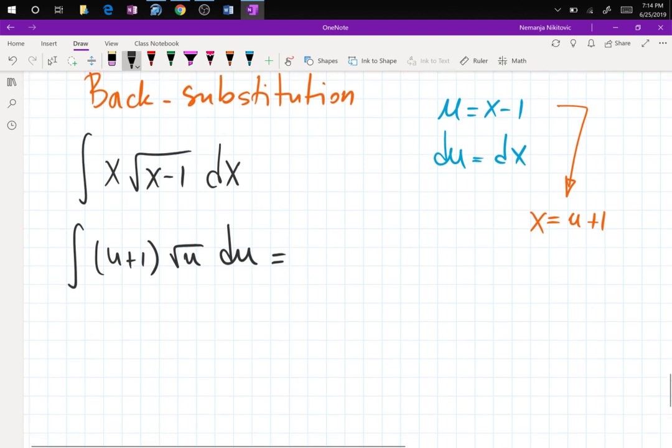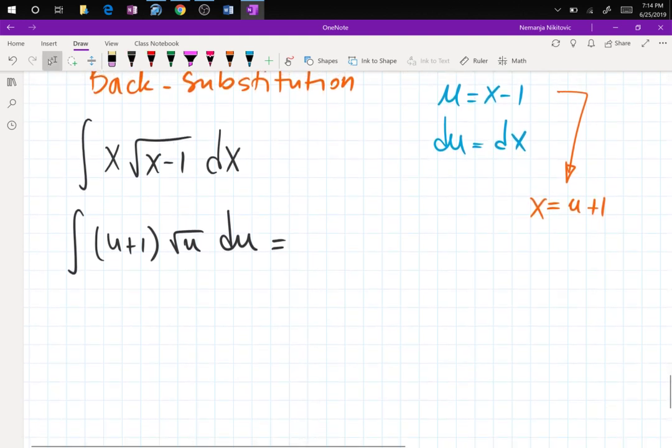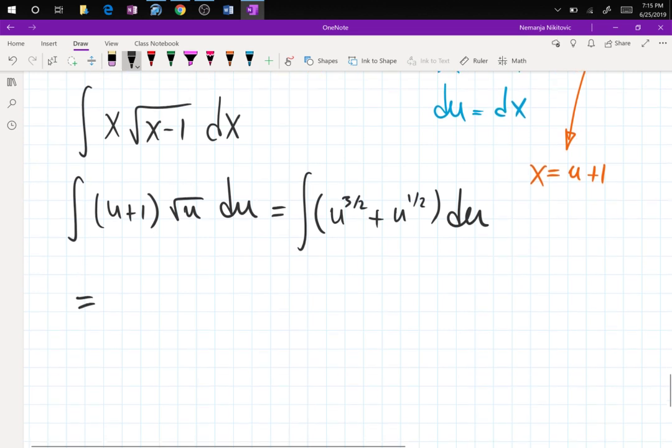And now at this point in life, you can multiply, distribute root u, so that becomes u to the 3/2 plus u to the 1/2 du, and now you can integrate each one separately. u to the 5/2 over 5/2 plus u to the 3/2 over 3/2 plus c. When you're integrating a polynomial-like term with an exponent, you just add 1.